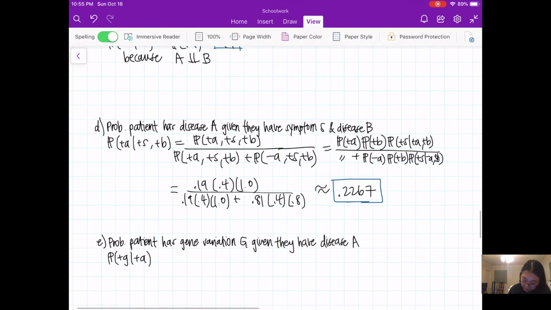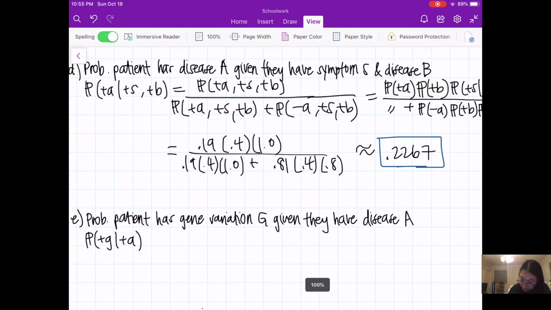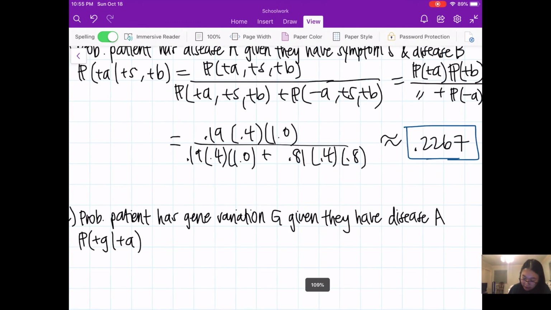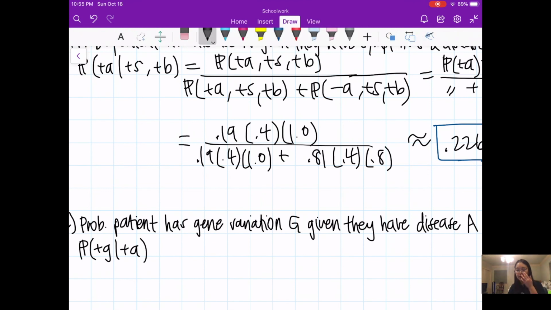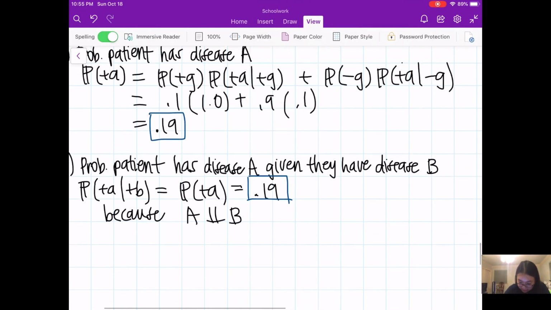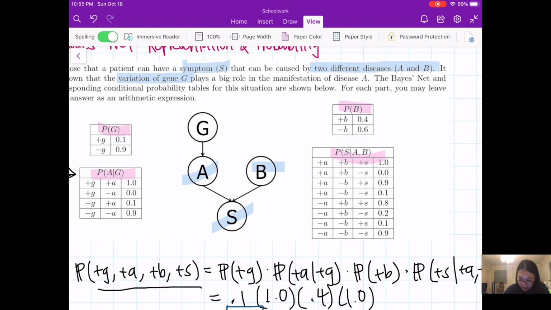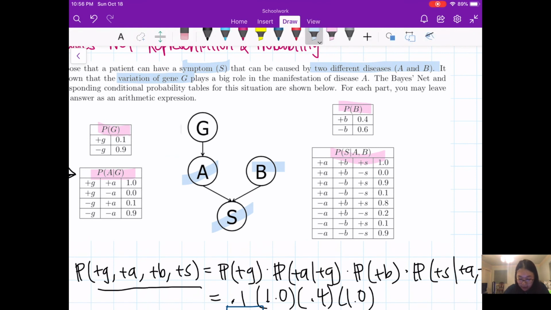So now we want the probability that the patient has gene variation G, given that they have disease A. So a probability of positive G, given positive A. And usually when you want to calculate one variable given the other, similarly, we can first check whether G and A are independent or not. For a similar reason as A and S, there's a direct edge going from G to A, so you know that they can't be independent.